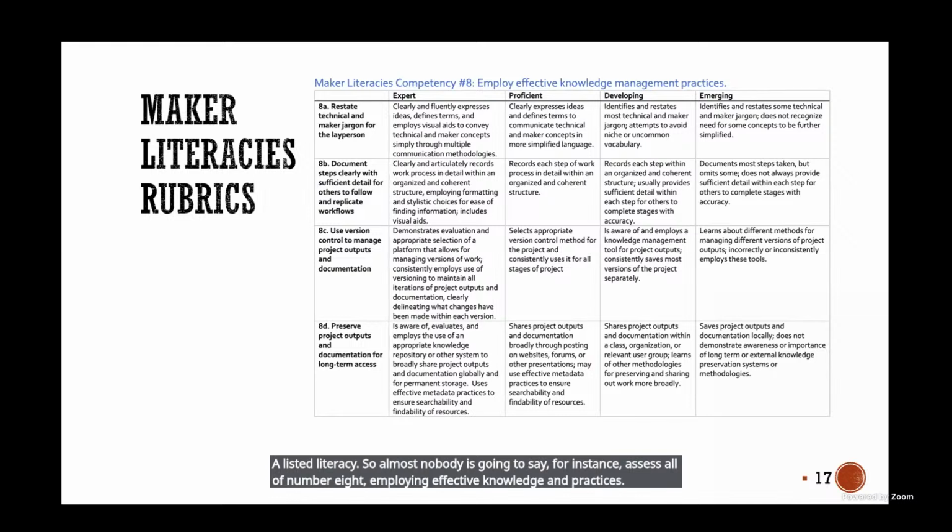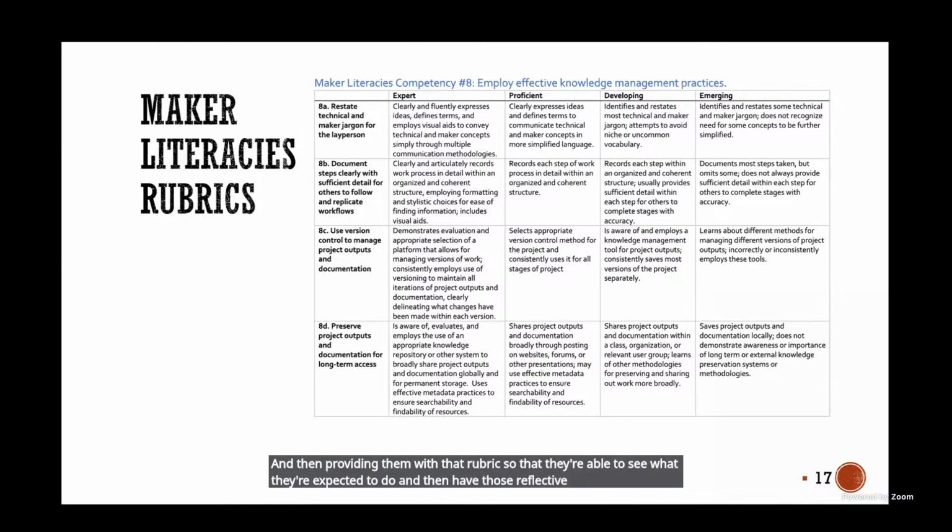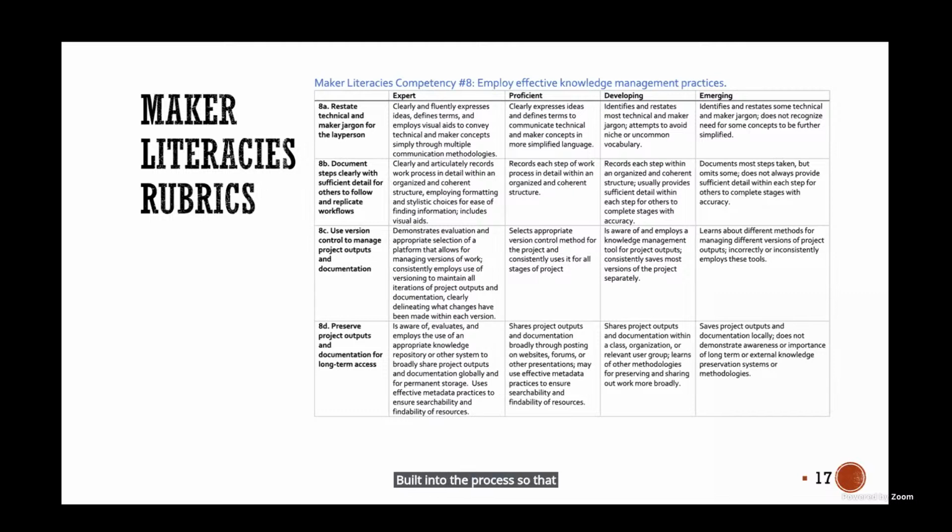You'd pick one, for instance, using version control, to highlight within the way you're actually teaching and what you're assessing the students on, and then provide them with that rubric so that they're able to see what they're expected to do, and then have those reflective components where they're assessing themselves along the way, not just at the end, not just summative assessment, but formative assessment built into the process so that students are able to understand where they are falling short while they still have time to build those competencies and improve.